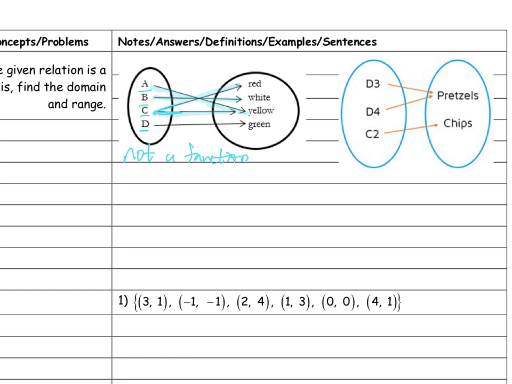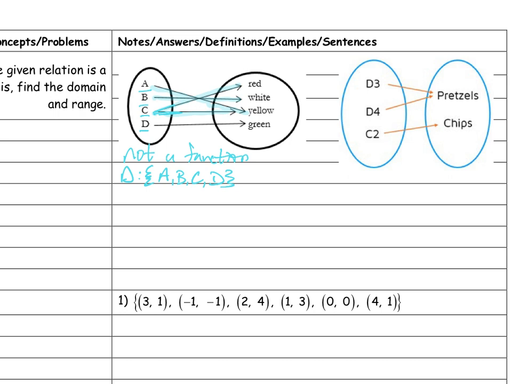Okay, but I can still find my domain and range. What is my domain? My domain is A, B, C, and D. And if it's something other than numbers, I'm going to put it in alphabetical order. That's the least to greatest with letters.